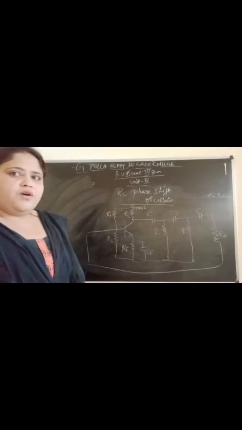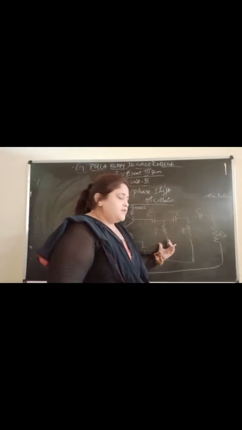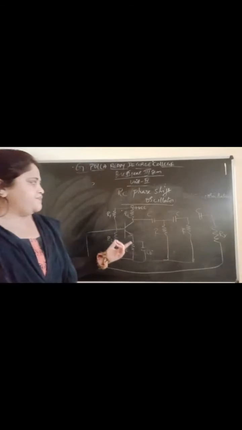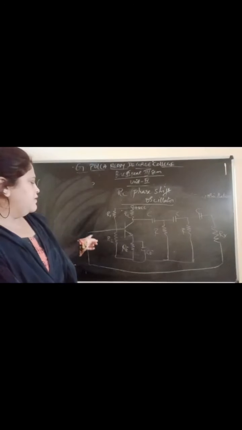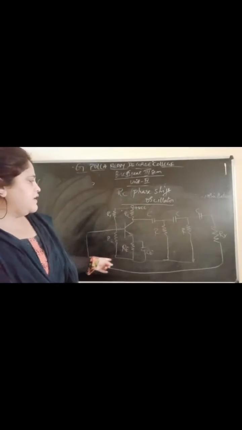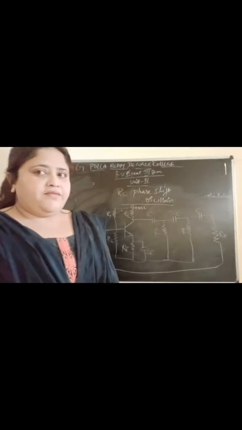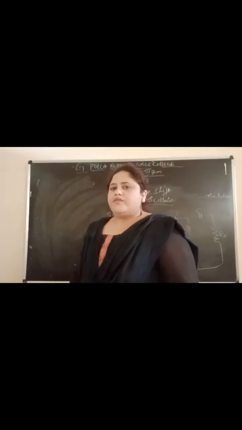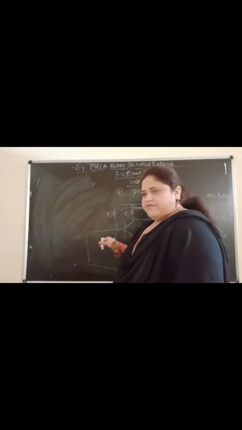In this, what you have seen is the feedback network. How can you tell this is the feedback network? By seeing this, you can see that the output is again coming back to the input. So we can confirm that it is the feedback network.